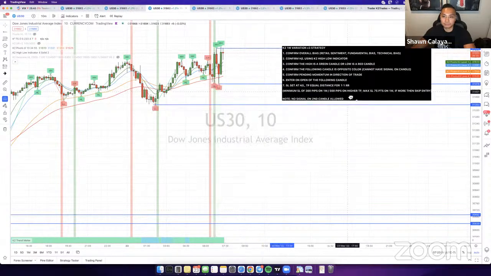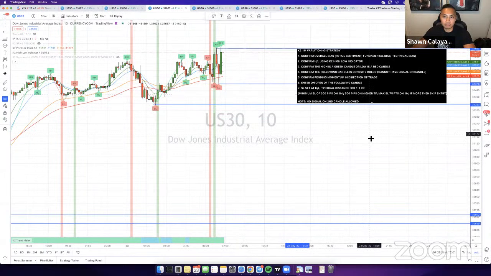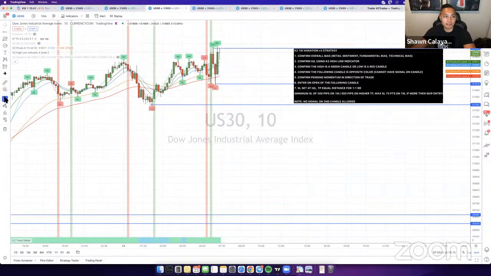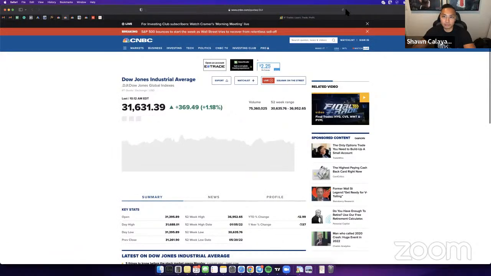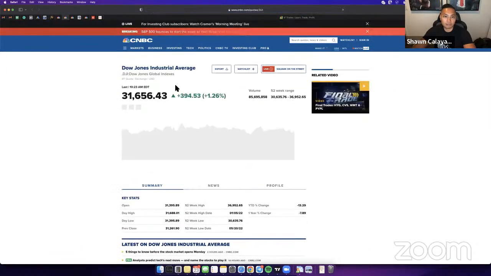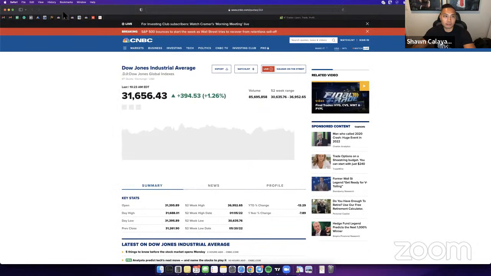So again, right here, the main problem that we have is that the overall bias isn't bearish. It's still indecisive because retail sentiment is bearish. It's currently 67% long, so it's still bearish right now. However, the fundamentals are still very high. They're currently up basically 400 points.